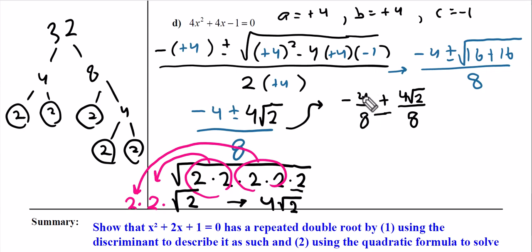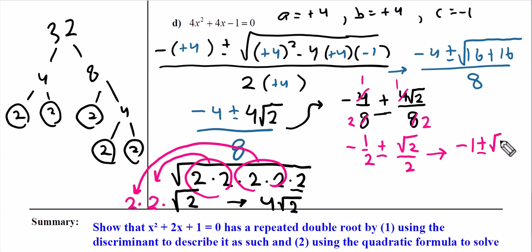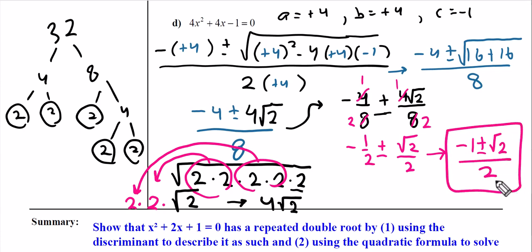So 4 into 8, well, that's a 1 and that's a 2. Same thing here, that's a 1 and that's a 2. And we can leave it like that, or if we want to put it back as one denominator, we could. And that's our solution for this.